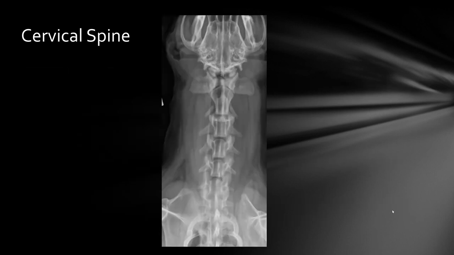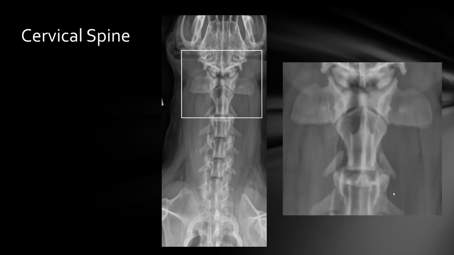This is a VD view of a normal cervical spine, and this is a close-up view of the cranial cervical spine. We are going to talk about a few anatomic features here as well, but I did also want to point out, and I didn't further label that, these thin lucent or opaque lines bordering this lucent area in the center. This sometimes gets mistaken for fracture lines, fissure lines, some abnormality.